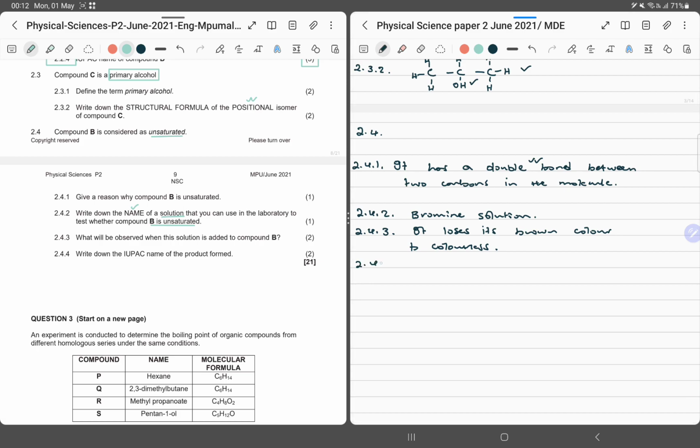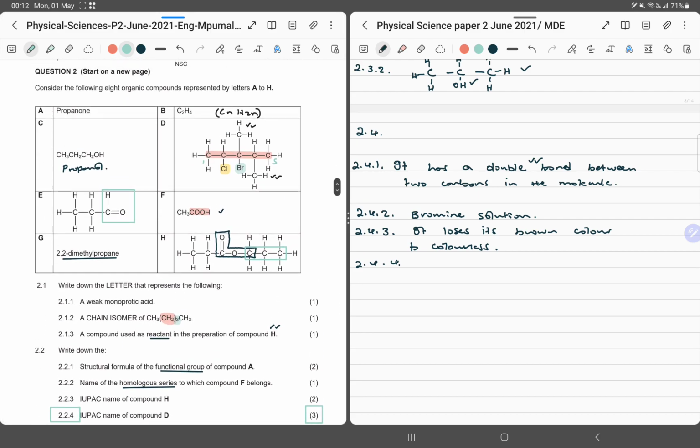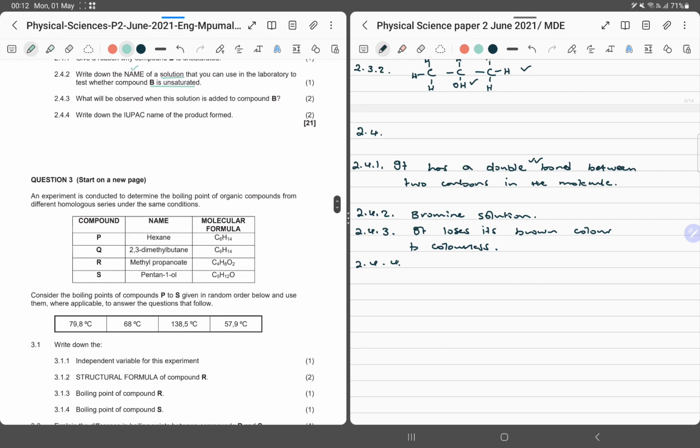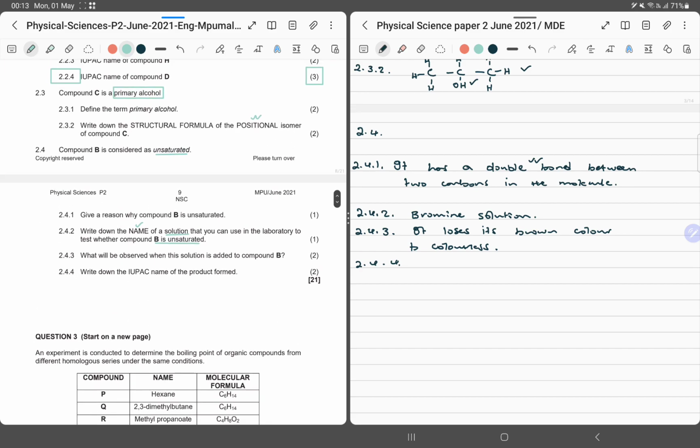This is 2.4.4. Now what would be the IUPAC name? Remember, we can see that that is ethene. We've got ethene here, and then we're going to add Br2.